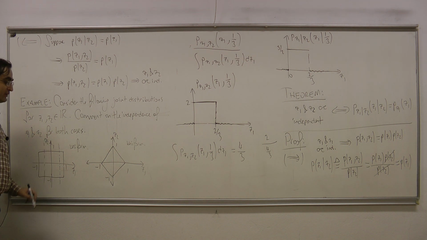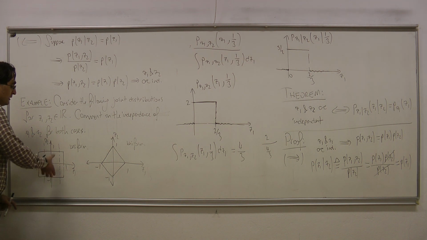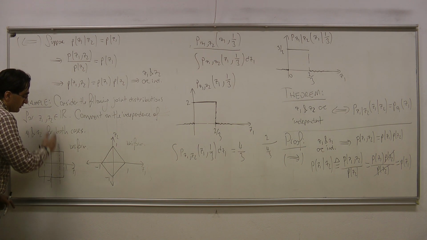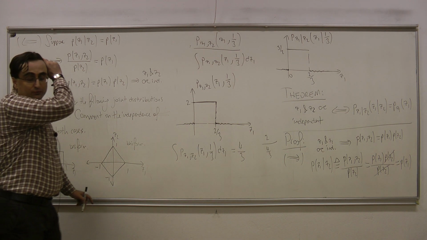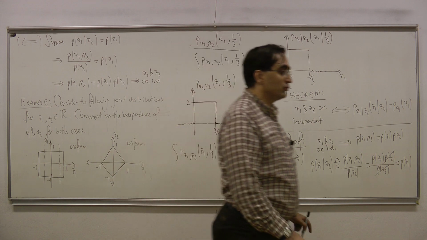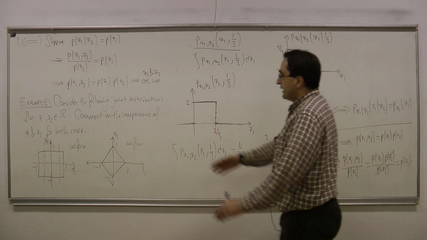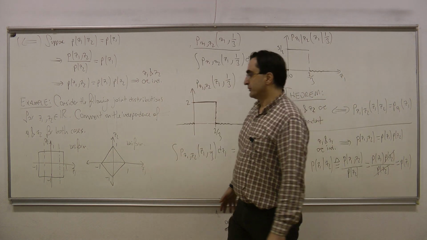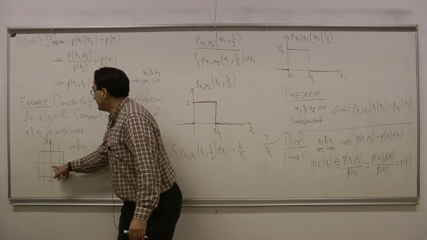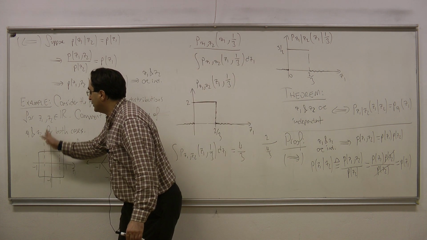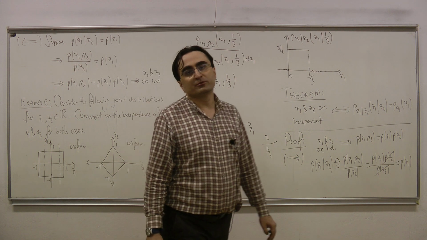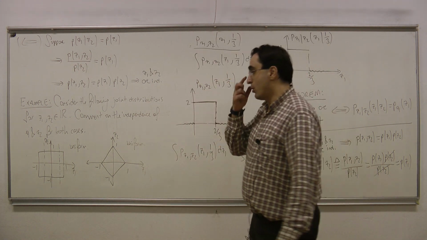For these cross sections, if I look at those functions with respect to Z2, then they would be uniform distributions. And furthermore, if I change the Z2 value, those uniform distributions would not change at all.